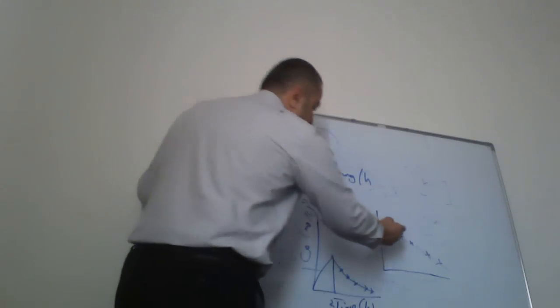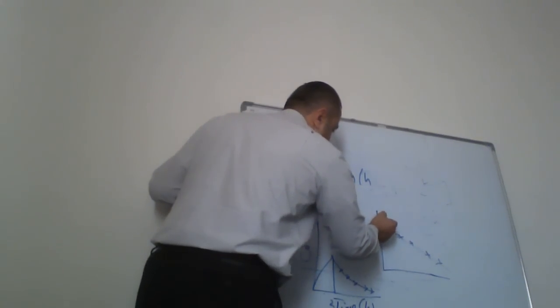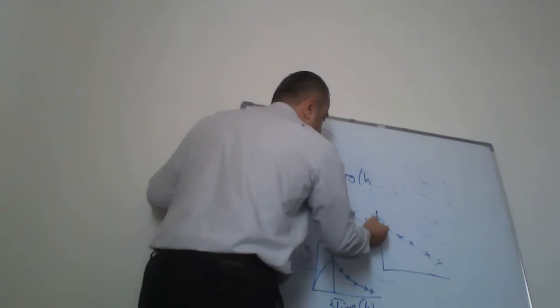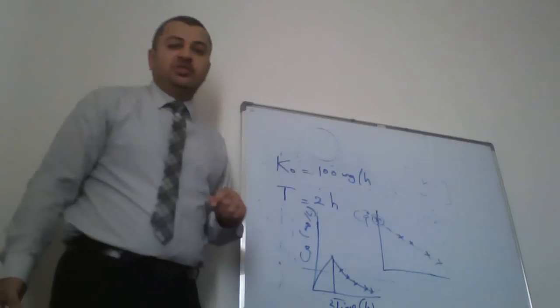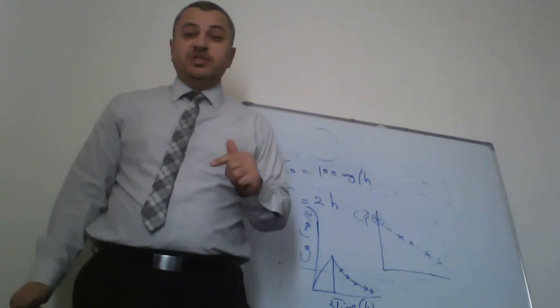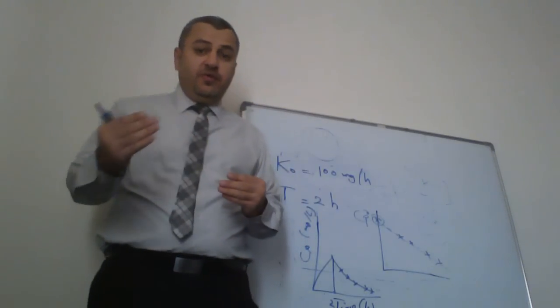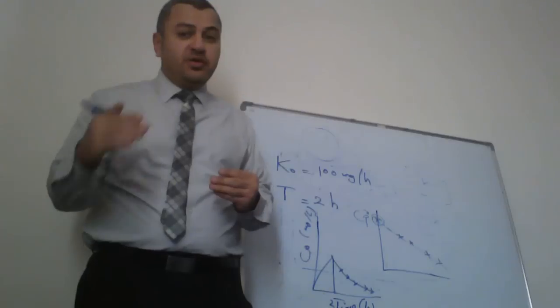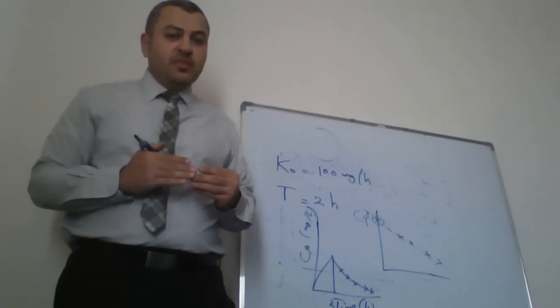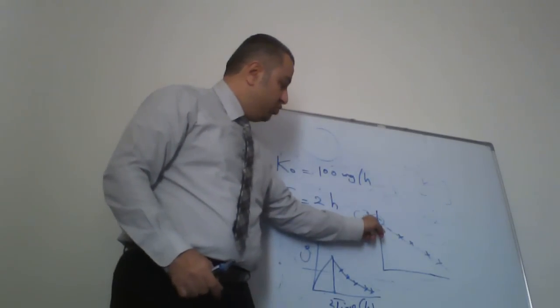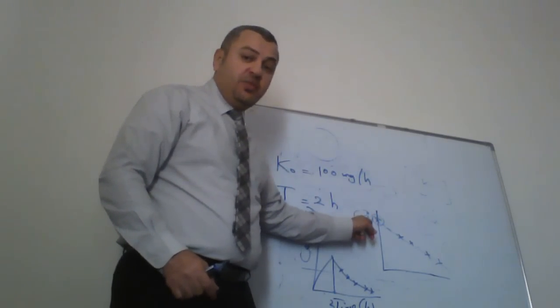You want to extrapolate, you can extrapolate, but be cautious. This is not your CP0. What is your CP0? Your CP0 is 0, because remember that in the infusion process at time 0 the concentration is 0. So we actually do not need to extrapolate to the y-axis.